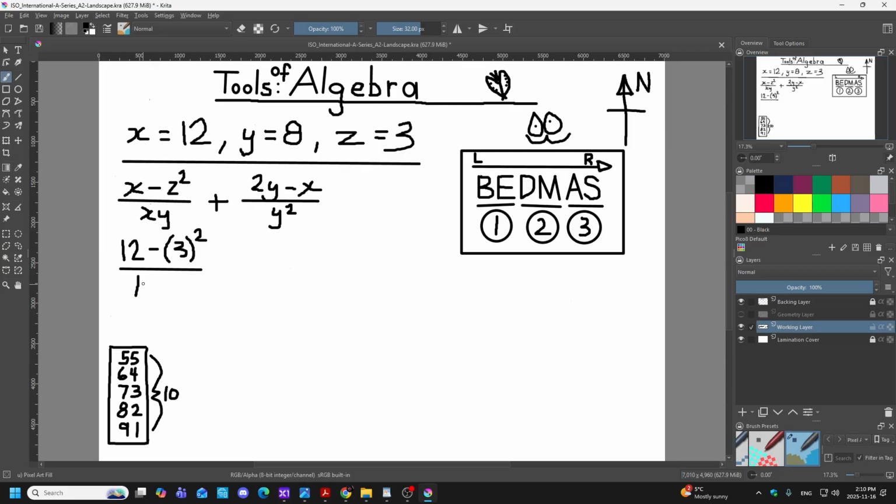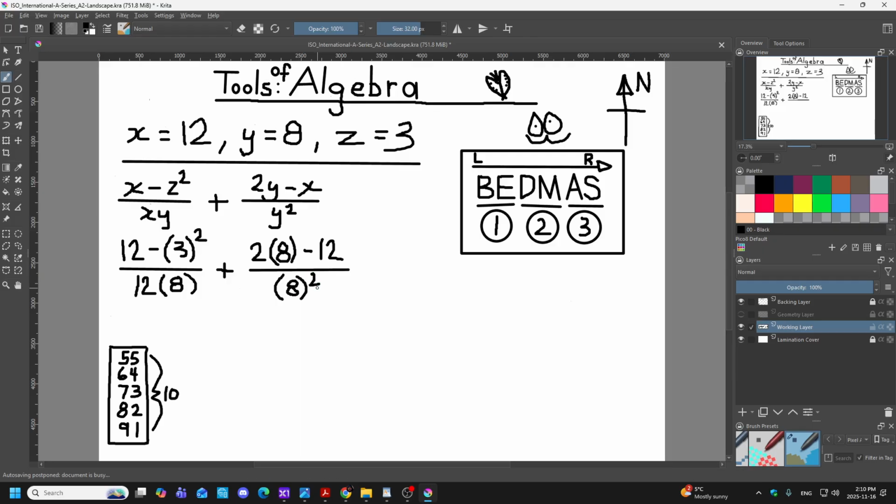X is 12 multiplied by 8. Bring down the plus sign. This is 2, or at least it's supposed to look like a 2, times 8. Subtract x is 12. All over y squared, which is 8.